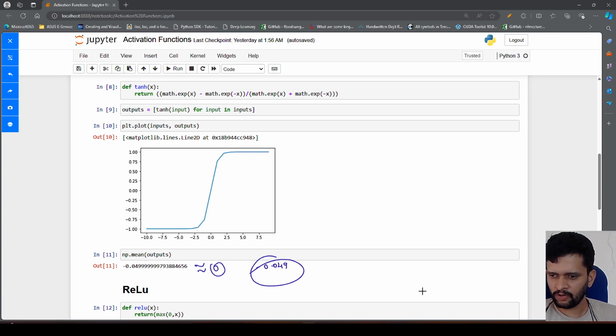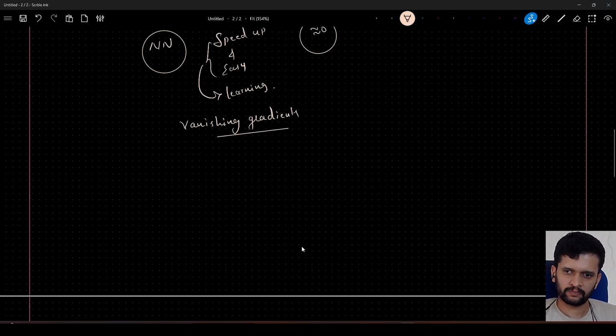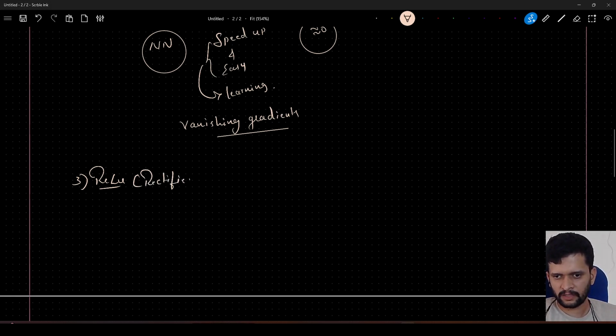Now coming to ReLU. So what is ReLU? ReLU stands for rectified linear unit. And what's the formula for this? It looks something like this: max of 0, x.